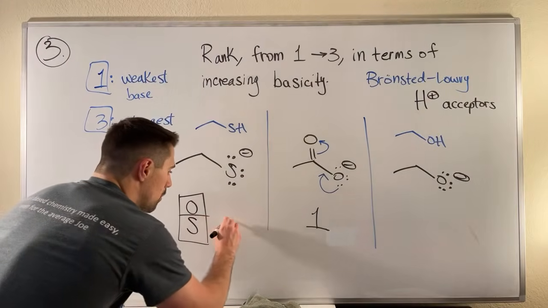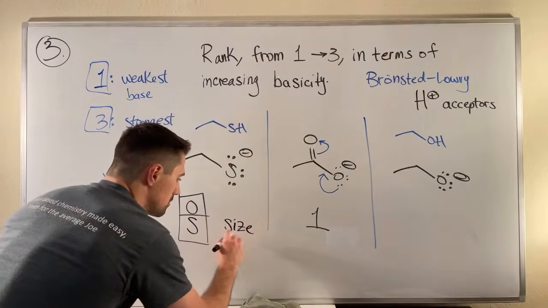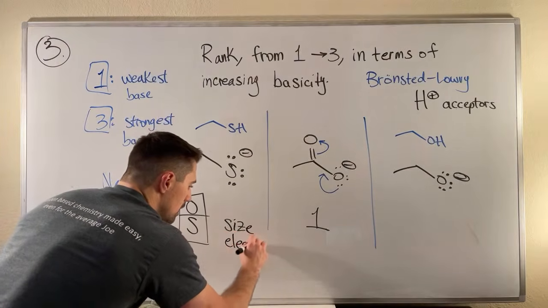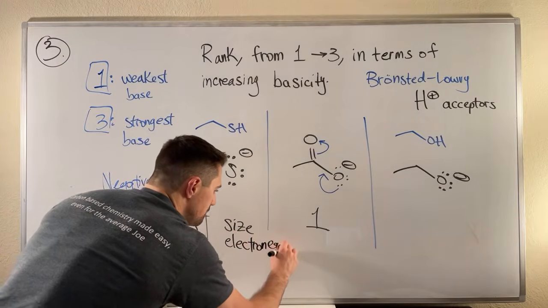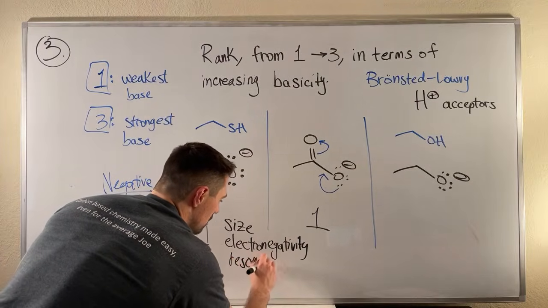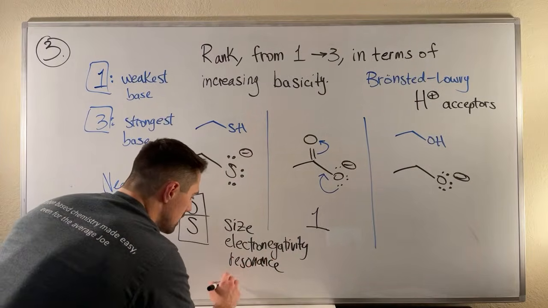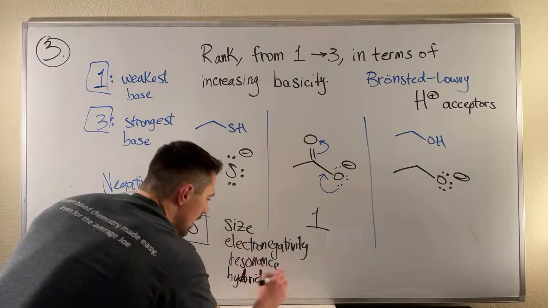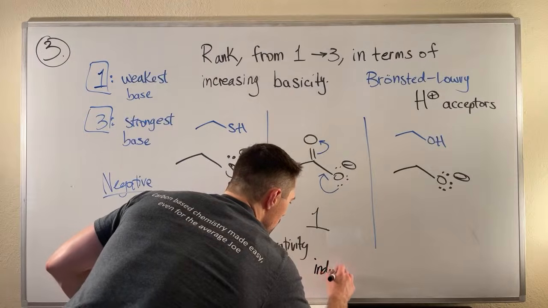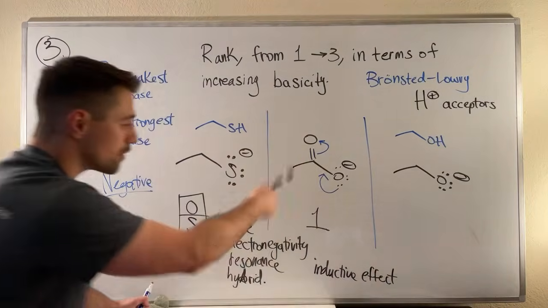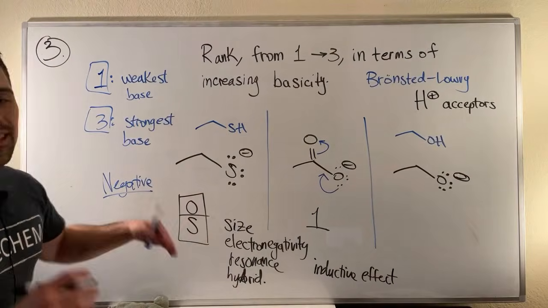Remember that we have these factors when it comes to acid-base stability. We have size, we have electronegativity, we have resonance. I should have maybe listed this sooner. Resonance, hybridization, oh gosh, get the point, and inductive effect. Resonance helped us out in the first one, but in the second one, this is a size problem.